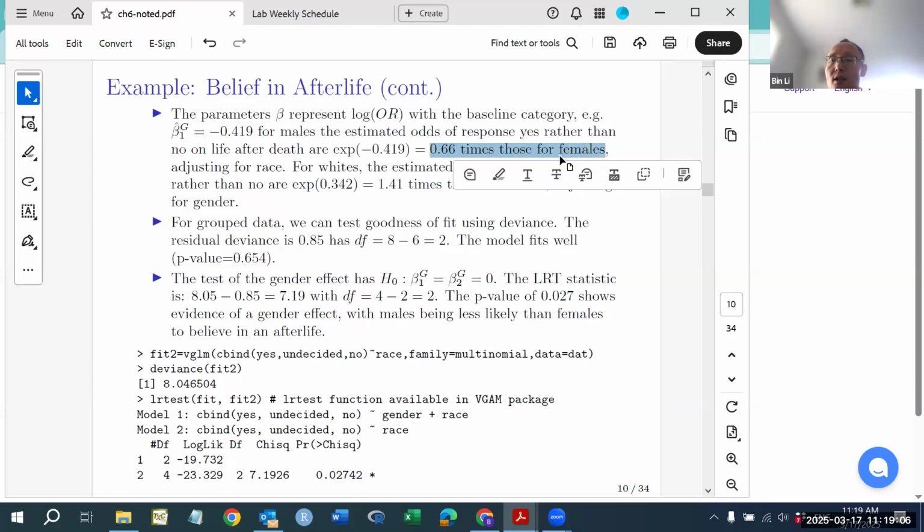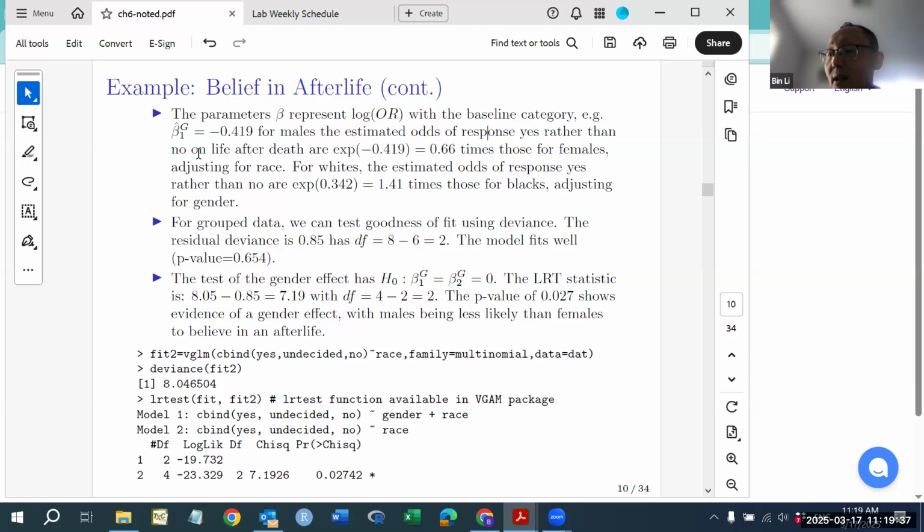In other words, males tend to not believe in life after death compared to females. The odds for males are only 0.66, about 2/3 of those for females. So that's how we interpret this beta.